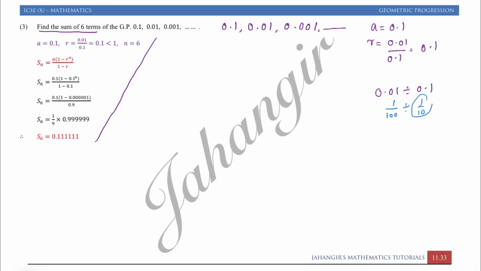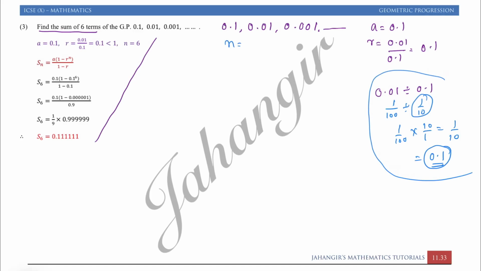So we will take the reciprocal, so 1 by 100 into 10 by 1, that will give you 1 by 10, which is equal to 0.1. So you can get the answer 0.1 directly, or if you want you can do some steps, because some students are weak in decimals, so for them I am explaining. If you don't get it directly, you can just do some steps to get R.